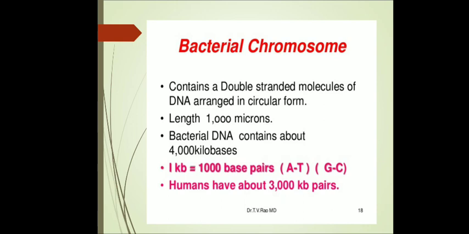The DNA present inside the bacterial chromosome is in circular form and is double stranded, and its length is about 1000 microns in bacteria. Bacterial DNA contains about 4000 kilobases.